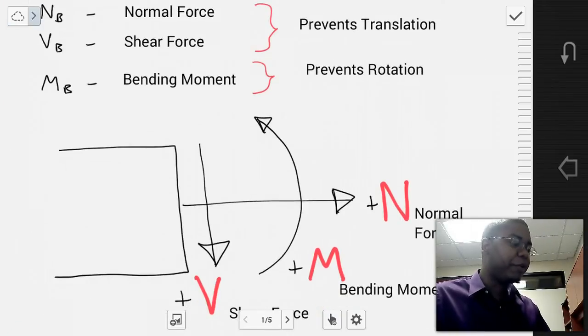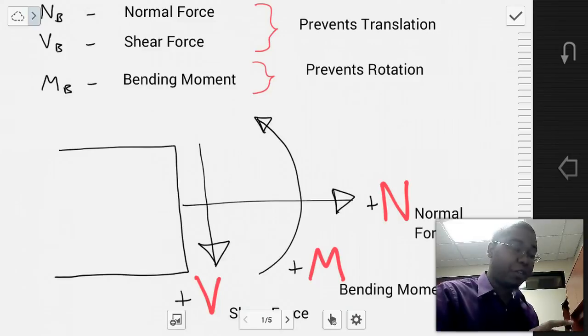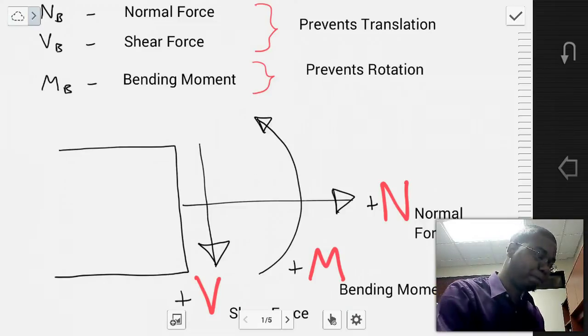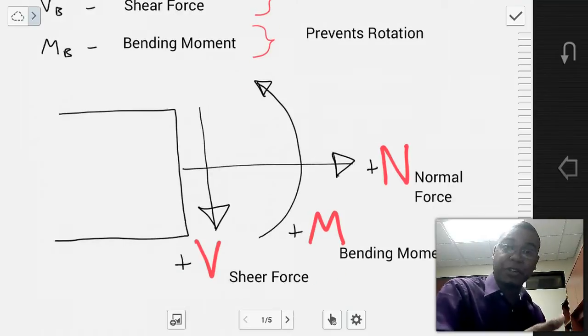And then a bending moment develops, which prevents the rotation of the body. These three internal loads, consisting of two forces and one moment, are what allow for an equilibrium state within this member despite the sectioning. These are considered the internal loads, or internal forces, that would develop in a member.